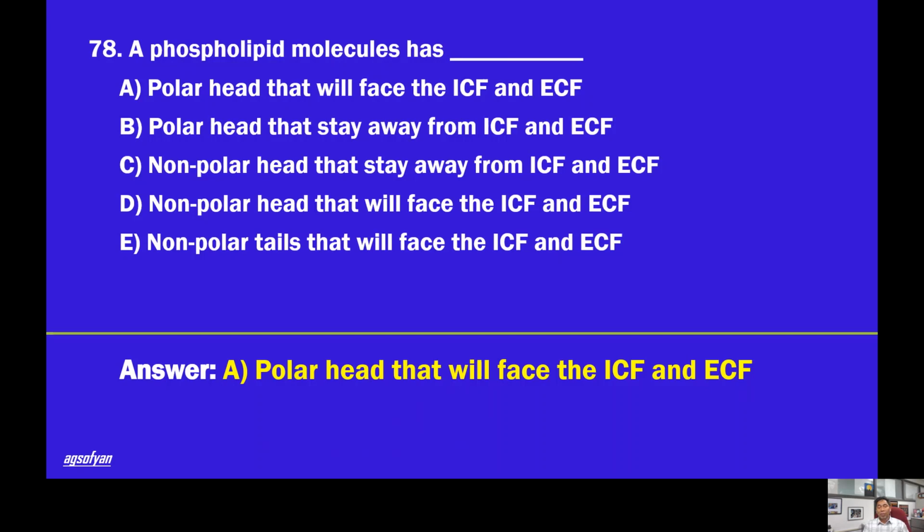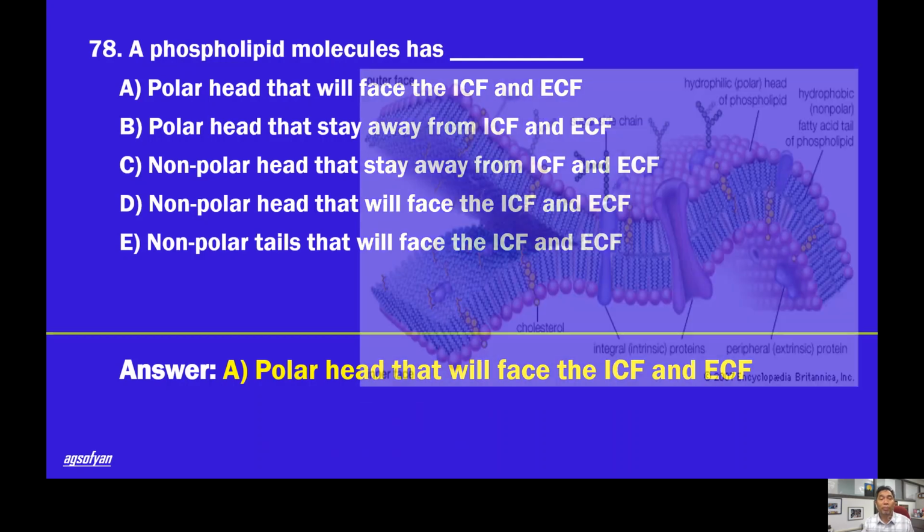So polar molecules will face the water, and remember the water inside the cell is called the ICF, and water outside the cell is called the ECF. So therefore the head of phospholipid will face the ICF and the ECF. This is the reason why the cell membrane has two layers of phospholipid molecule.